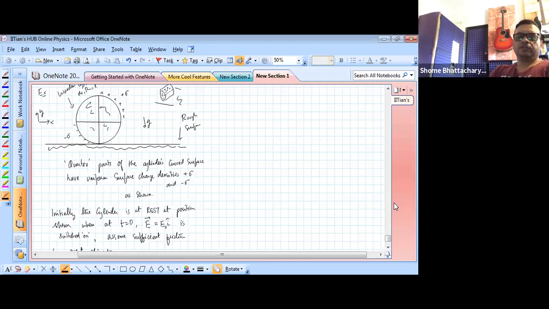Correct, Master. Now, there's one very easy way to prove that and understand that. See, for example, when do we say that center of gravity is at the center of mass? When there is uniform gravitational field.